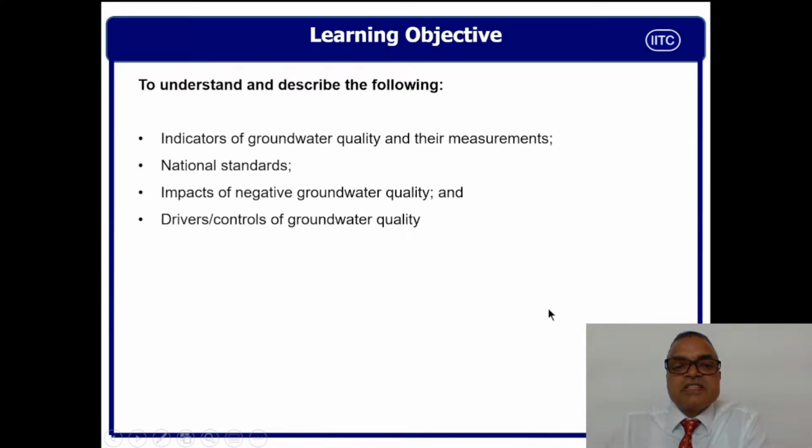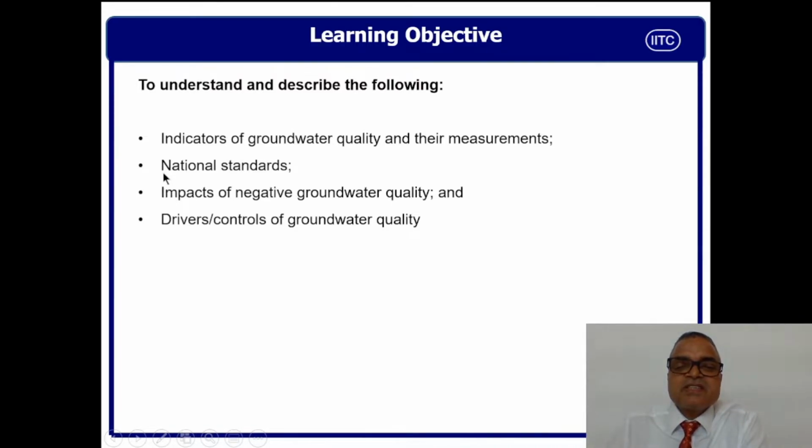Guys, in this session, definitely we will see what we have discussed earlier in the index. We will see the various indicators of groundwater quality and their measurement. What are the various indicators and how they are measured. Different national standards: we have IS 10500 for potable water and others that we will see.